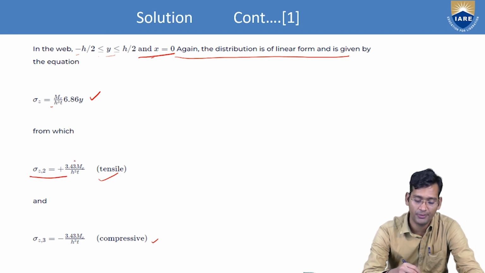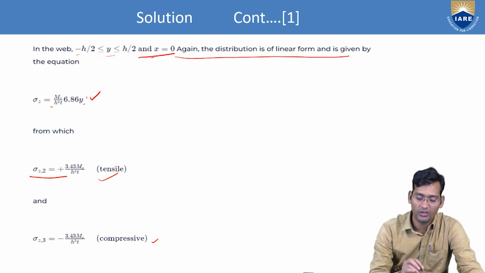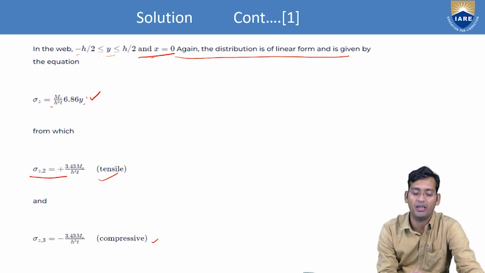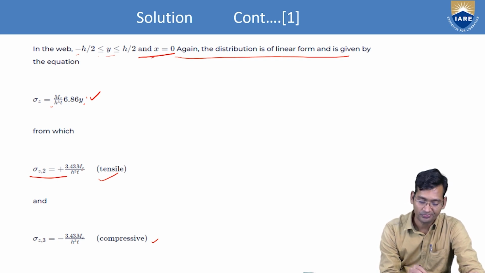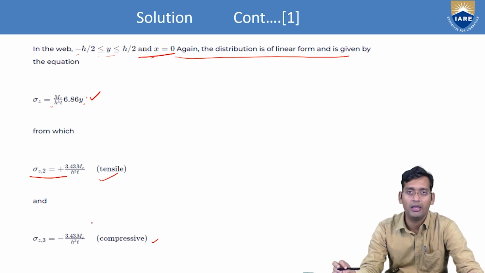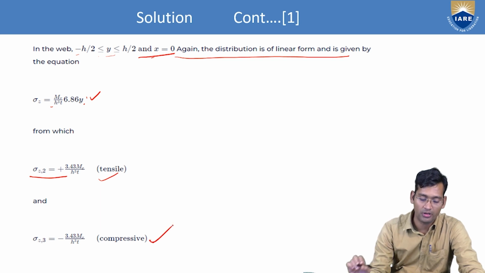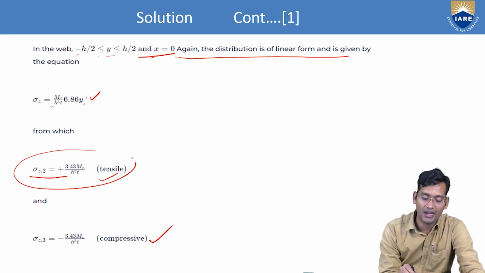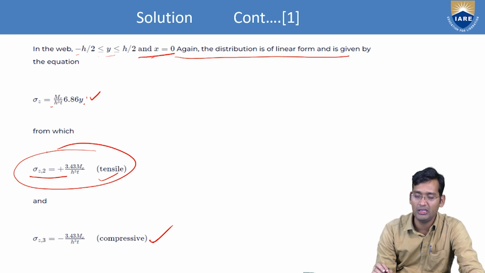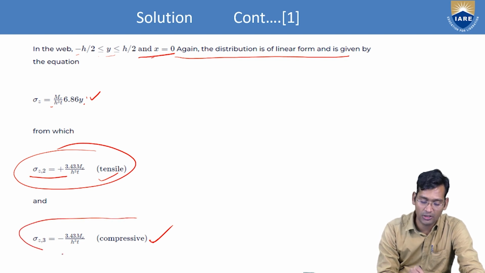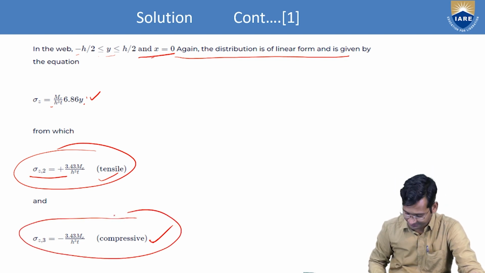Again just substituting here 3.43, because that is h by 2, right? So Mx into 3.43 by htq, and sigma z3 will be equals to minus 3.43 Mx by htq. That is again minus, so it's compressive. So sigma z2 at the web will be tensile and sigma z3 will be compression.